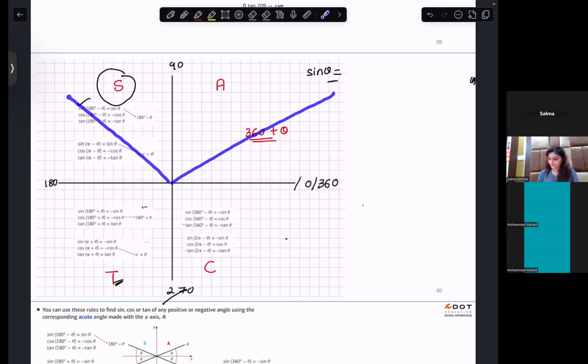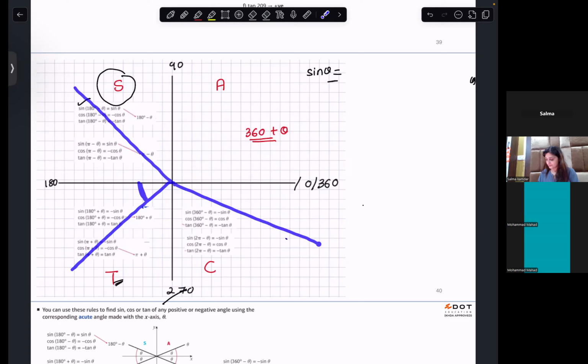This is 180 minus theta. This is 180 plus theta. This is 360 minus theta. Again: theta or 360 plus theta, 180 minus theta, 180 plus theta, 360 minus theta, 360 plus theta. Very good.